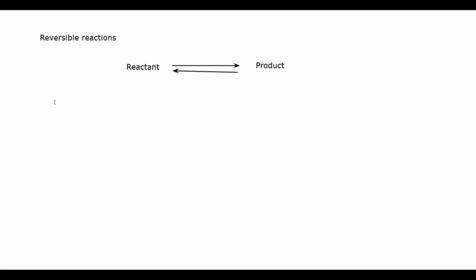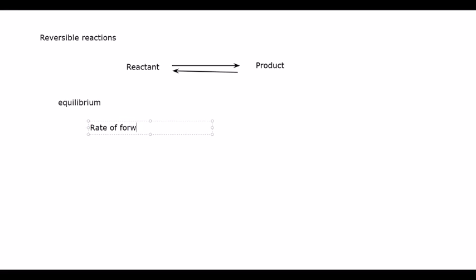For this reversible reaction, we define a term equilibrium. What is the meaning of equilibrium? The term equilibrium means when the rate of forward reaction, meaning when reactants are forming a product, that's called a forward reaction.